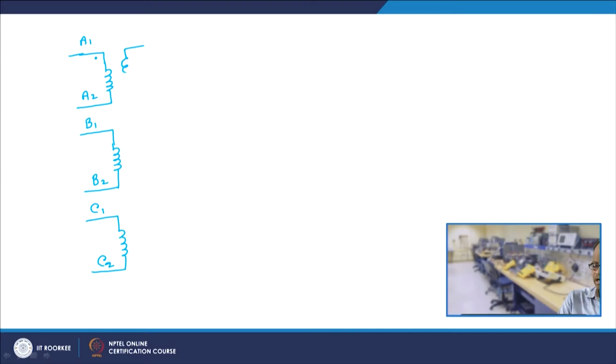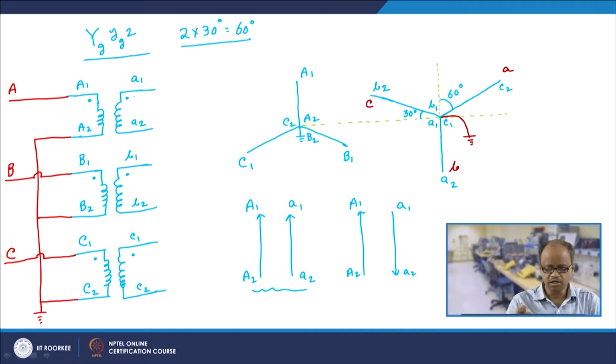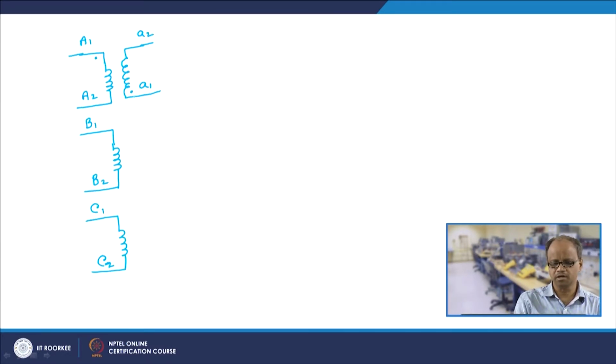Here we now say A2, A1. We are simply putting this winding in a reverse manner. Similarly, we say that this is B2 and this is B1. So this dot would be here and this dot is here.